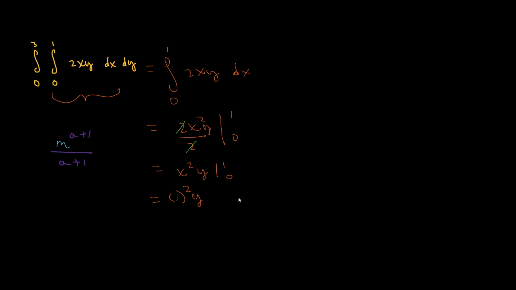But that will just give us 0. So we just got to compute the boundary with the 1. This will just give us 1. 1 times y is y. Okay. So this is our part of the answer for the inner integral.